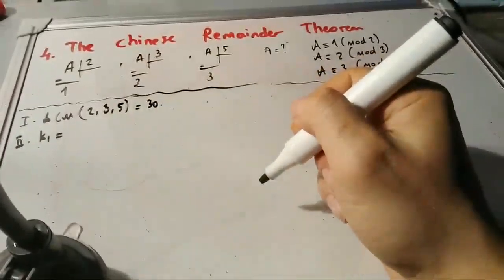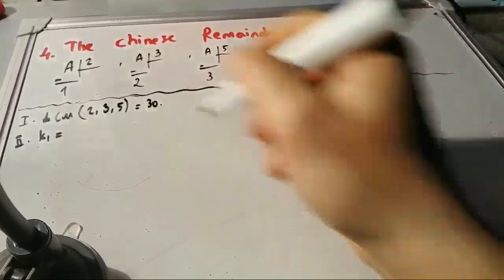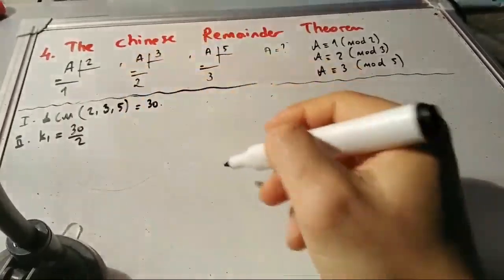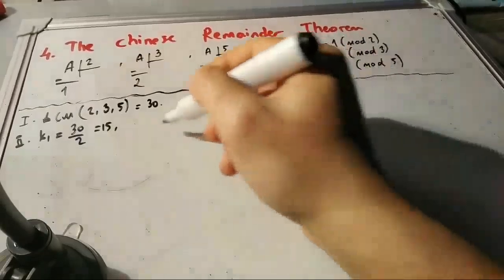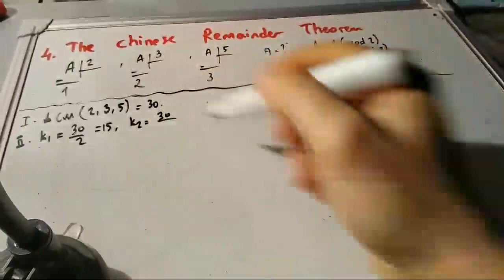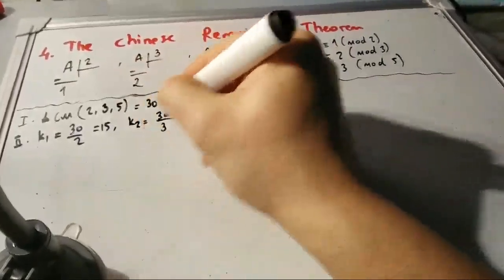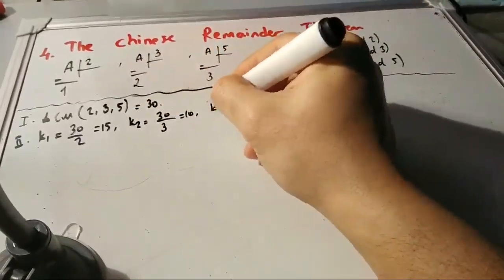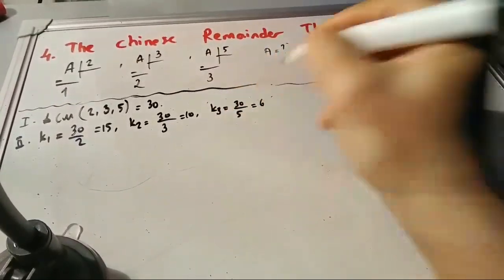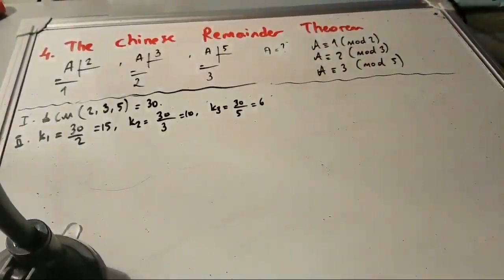K1 is n over b1, right? 30 over 2, which means 15. K2 is 30 over b2, which means 3, is 10. So K3 will be 30 over 5, which is 6. Okay. We found K1, K2, and K3.